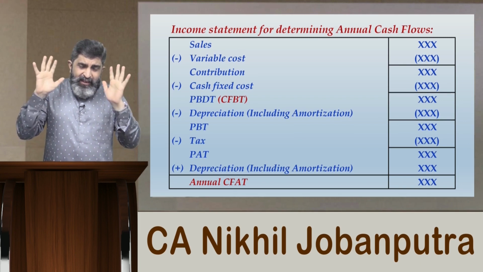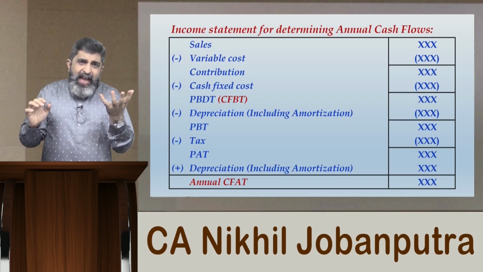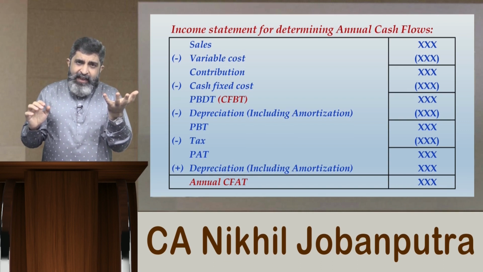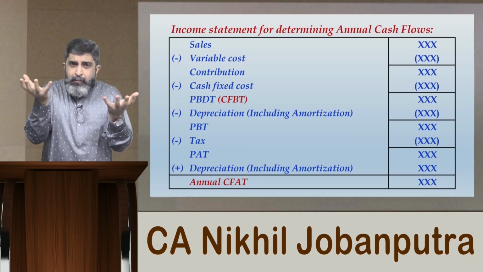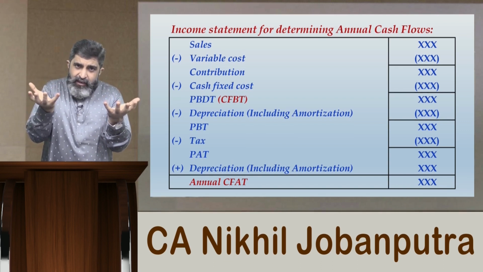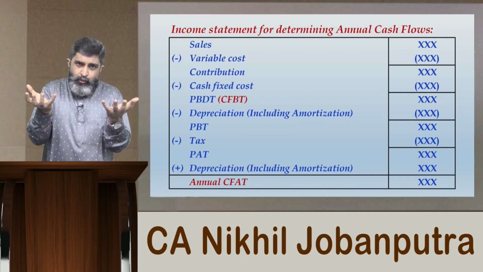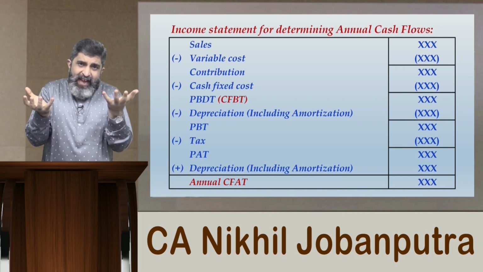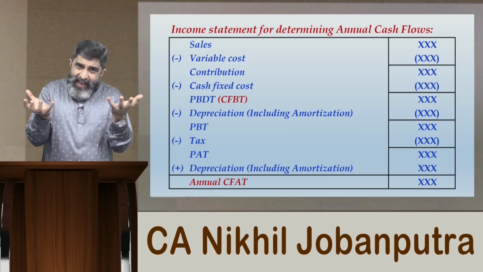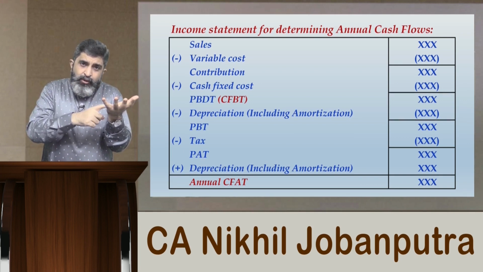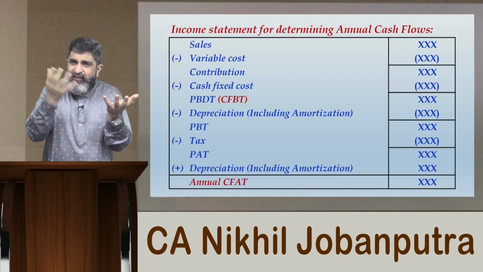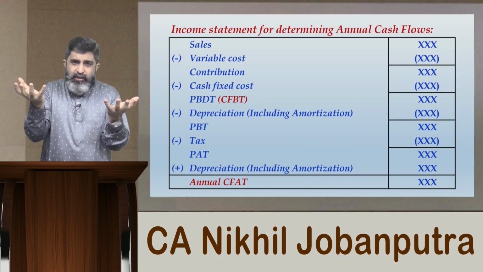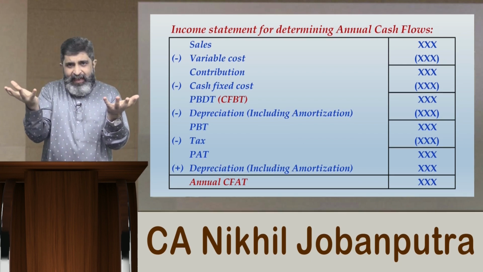So once again, please understand this way, that I have generated sales of 50 lakhs and that much money is actually coming as inflow in my bank account. Correct? So one side I have the amount of sales as 50 lakhs, and in my bank account there is a cash inflow of 50 lakhs.